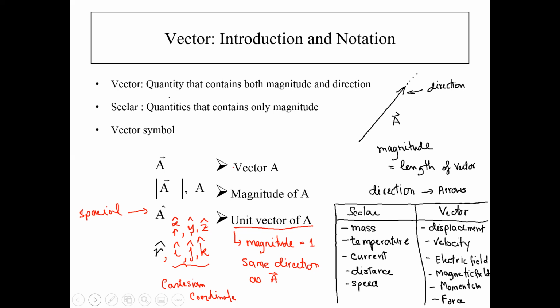This is called the unit vector of A. It is the vector that has the same direction as A, but with a magnitude of 1 unit.